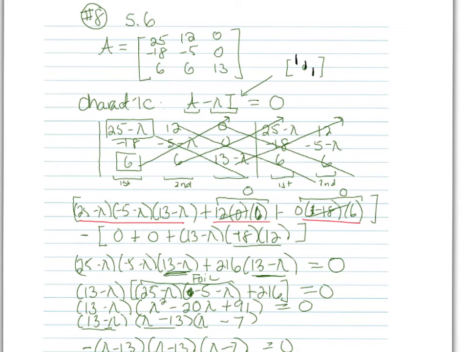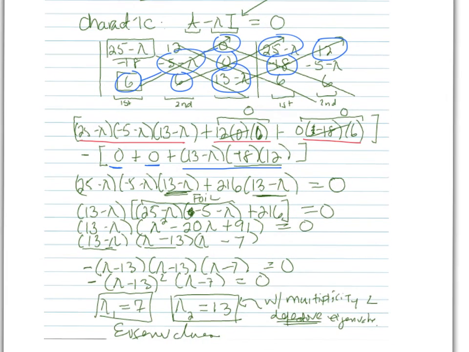Similarly, 6 times 0 times this factor is again just going to be 0. And finally, I have 13 minus lambda times negative 18 times 12, which obviously doesn't give us 0, so I made sure to write that in. So again, this is just algebra.